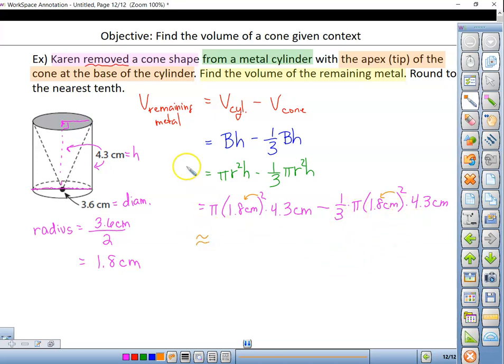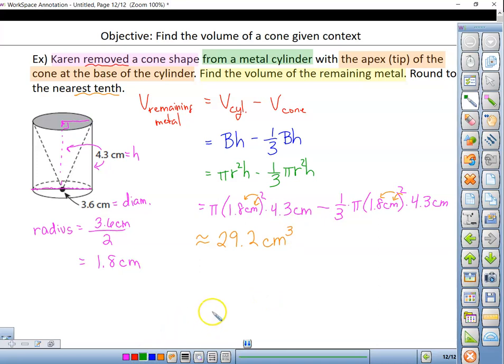And now is when I will round to the nearest tenth. Hopefully you got the same number as I did, and to the nearest tenth it's about 29.2. Our units, we have centimeters squared times centimeters, minus centimeters squared times centimeters. That's cubic centimeters minus cubic centimeters, which means that we are in cubic centimeters.